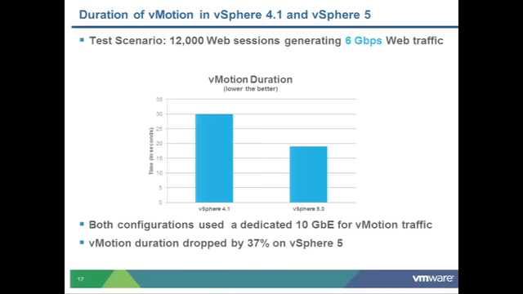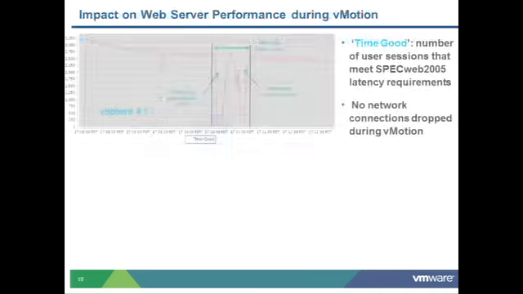Now that we've looked at the total duration, we also wanted to understand the impact on application performance. What I'm plotting here is the time good, which is the total number of browser sessions that are actually meeting the quality of service requirements. As you can see, this is the ramp-up time, and we see a small dip here. That signifies the beginning of the steady state, during which we see a small dip because we're clearing all the statistics.